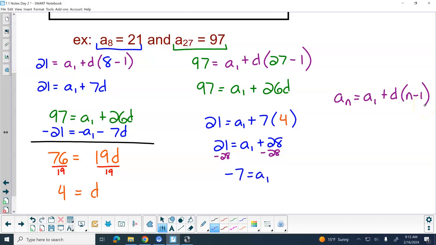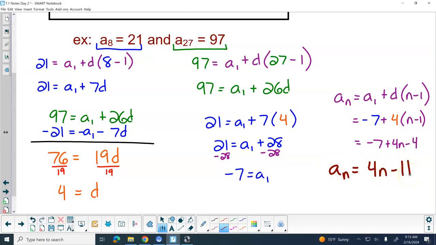I know my first term is now -7. I know my common difference is now 4. So my rule is a sub n is 4n minus 11.